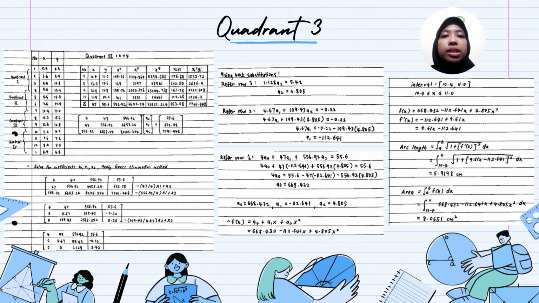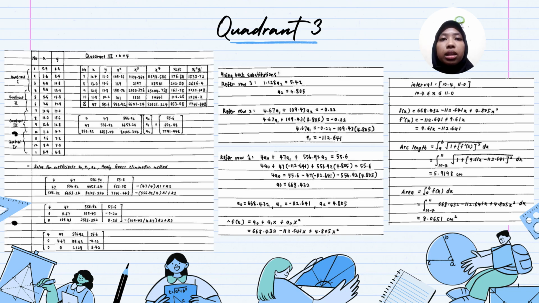The fourth step is we use back substitution to solve for the coefficients. We find a2 first from the bottom row, since it is easier to get the value. Then we substitute the value of a2 into the row above to find a1, and finally we find a0 from the top row.